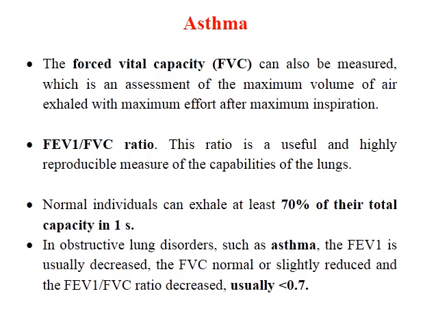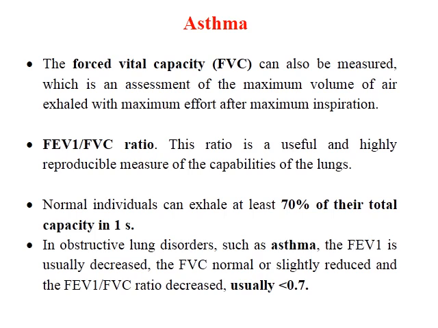Another test is the forced vital capacity, which is the assessment of the maximum volume of air exhaled with maximum effort after maximum inspiration. In this way, we can measure the FEV1 over FVC ratio. Also, it's a useful and highly reproducible measure of the capabilities of lung function.